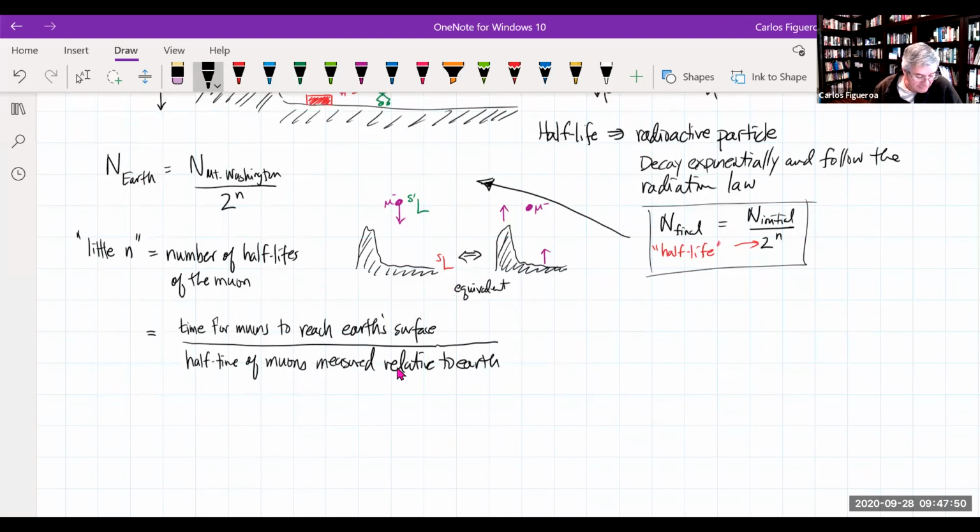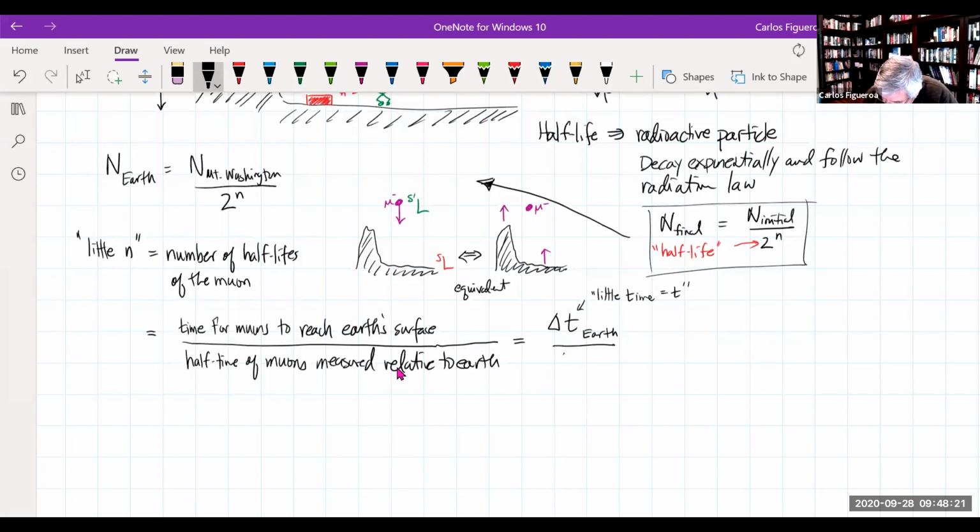So if I look at that thing, then let's look at the notation here. Here's my notation. If I'm talking about time, I'm going to use a little t. Okay? And so this is how much time it requires the muons to go from the top of the atmosphere down to the bottom.